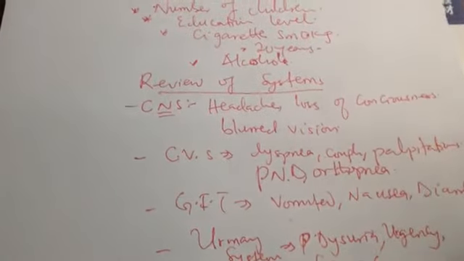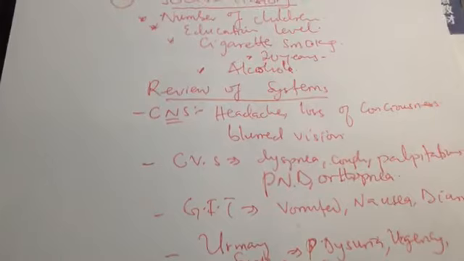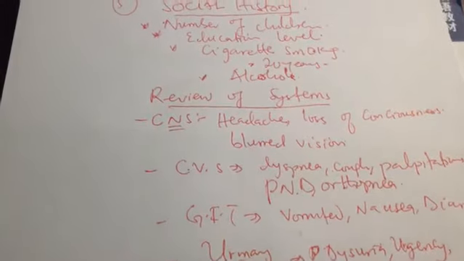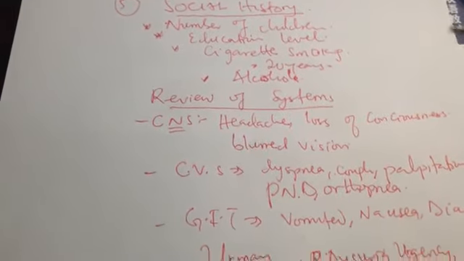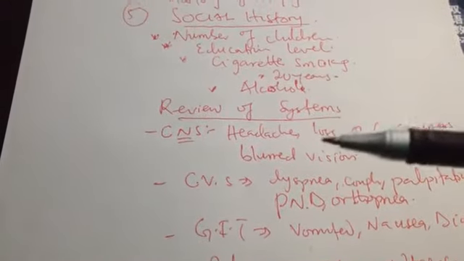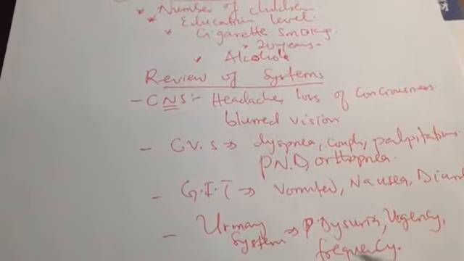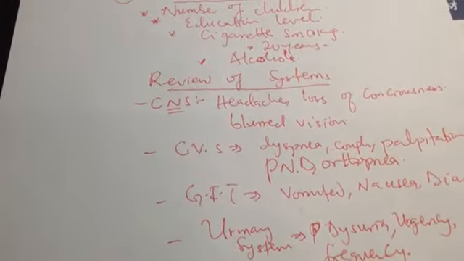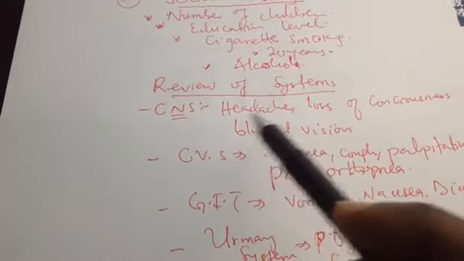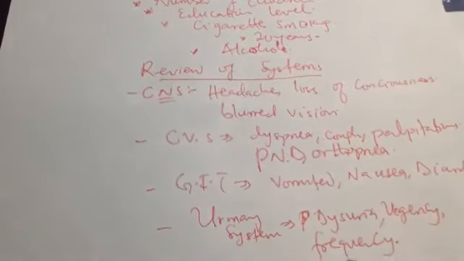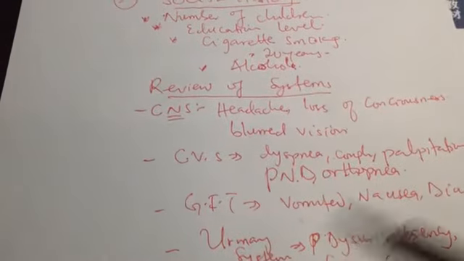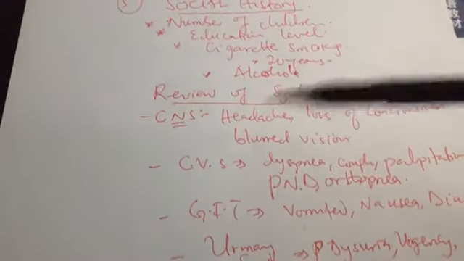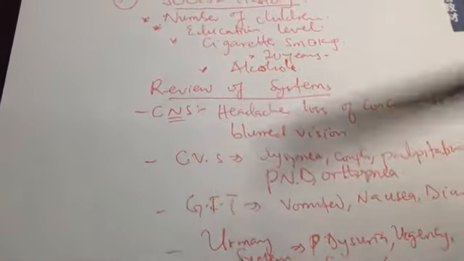Sometimes the patient will tell you only the symptom which disturbs him most. If the frequency of urine didn't make him worry, but he is worrying more about the headache, then he will not tell you about it unless you ask him. That is the essence of asking this review of systems.